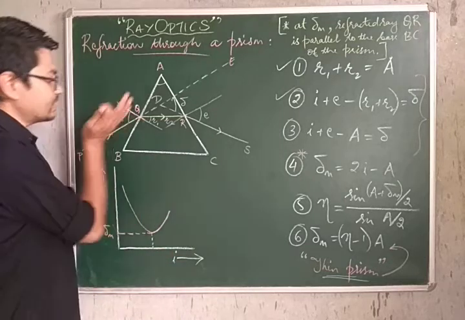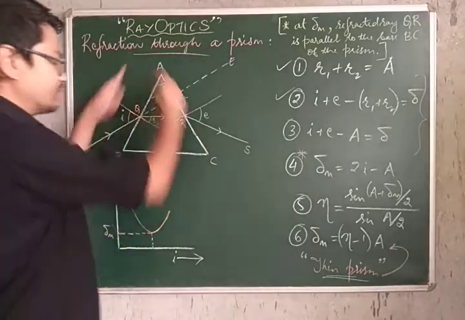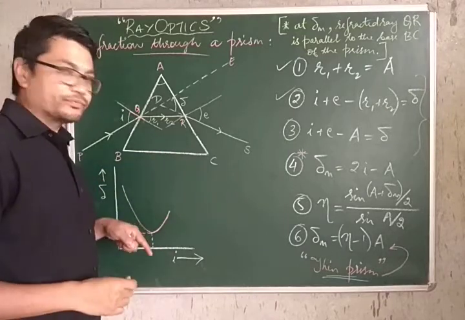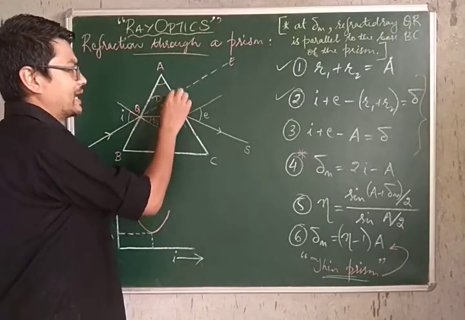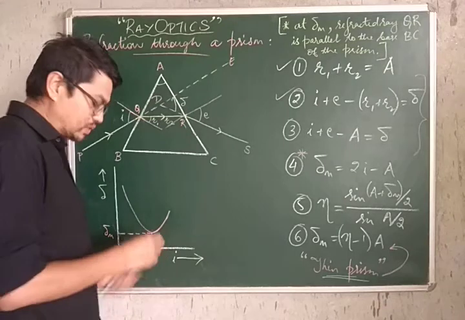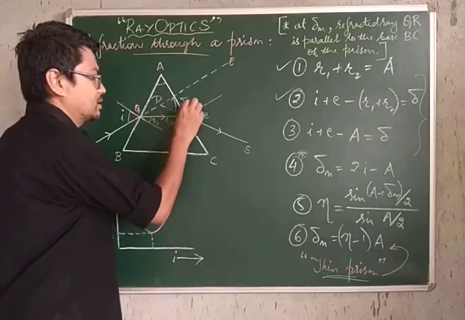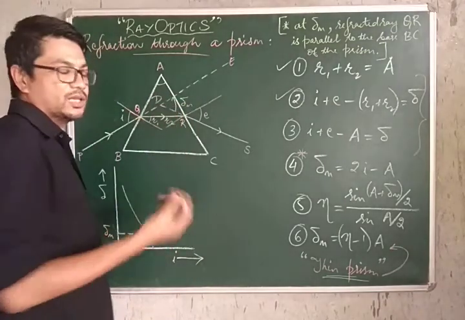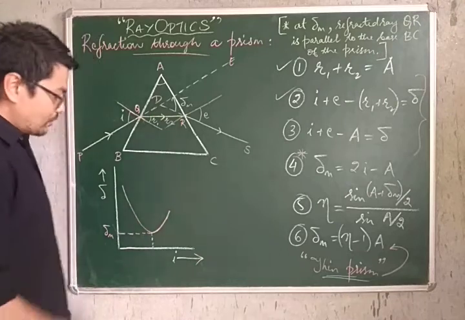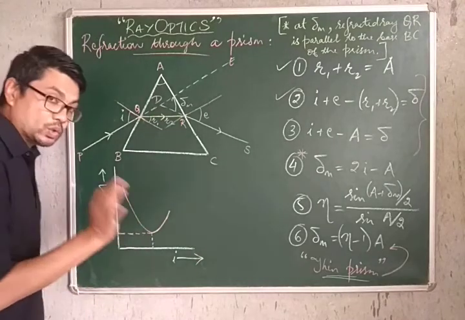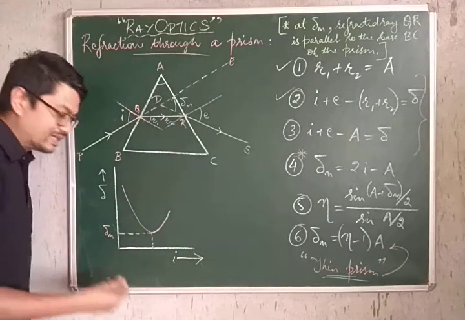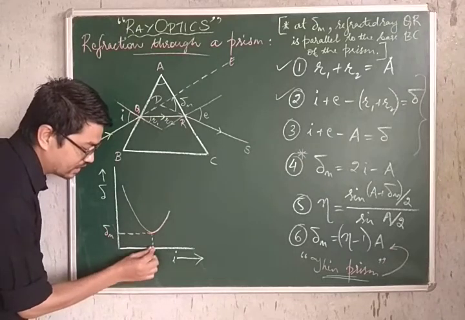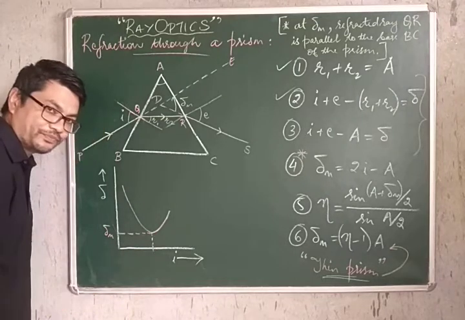So for a given monochromatic light and for a given material of the prism, you get the angle of minimum deviation, denoted by delta m, of course. For the angle of minimum deviation only, from the graph we see that there is one value of the angle of incidence, which is this.